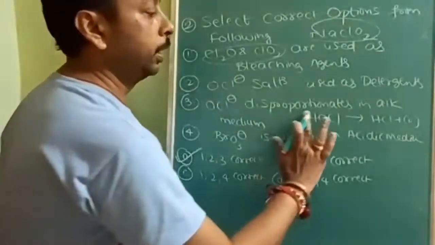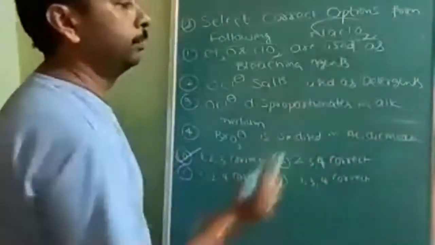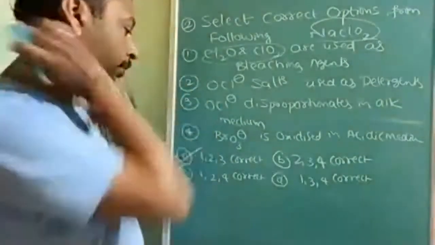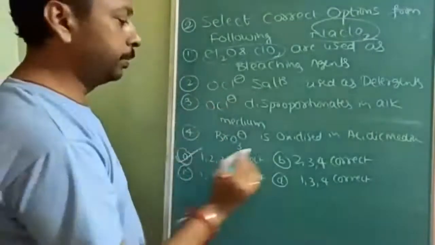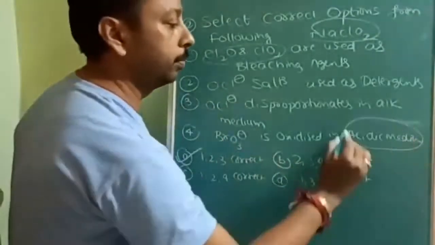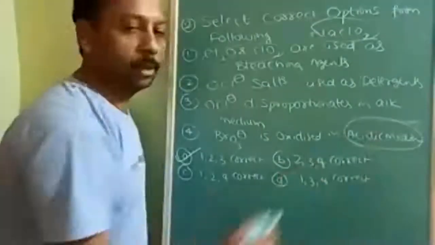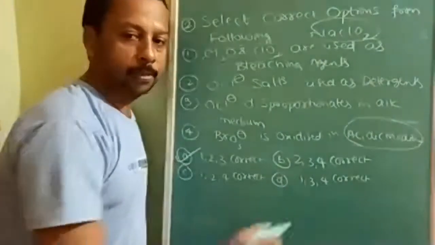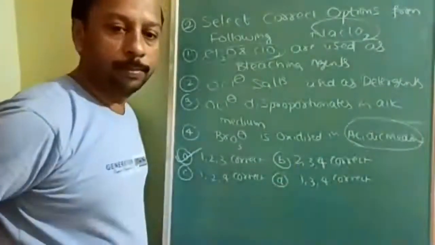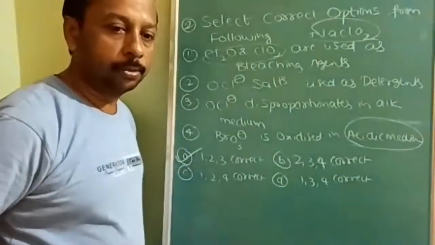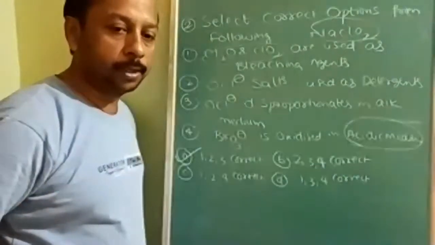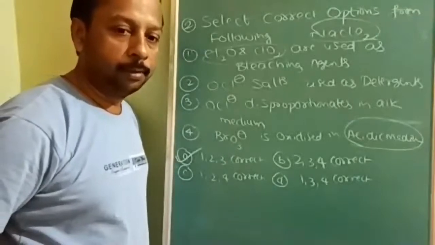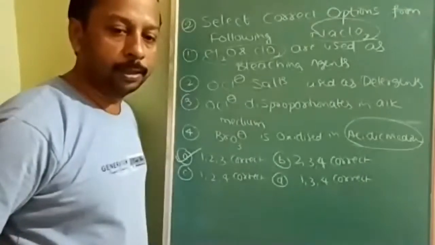And NaClO2 further finds use in the detergents. So therefore first, second, third options, this is oxidized in basic medium. What should be the correct statement? It should be basic medium. So option A, that is 1, 2, 3 statements are correct. The fourth statement is wrong. Why is it wrong? It should be in basic medium.